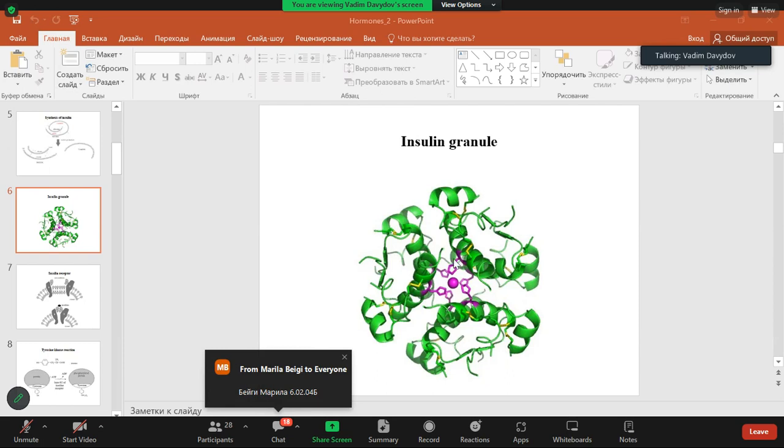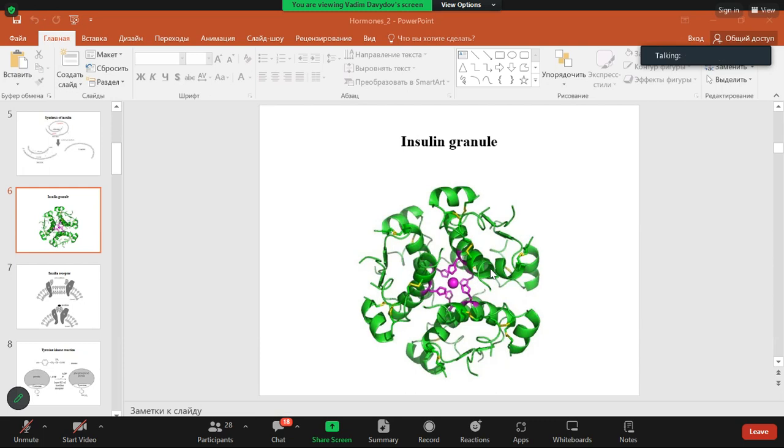Now, let's talk about regulation of secretion and synthesis of insulin. Please pay attention.